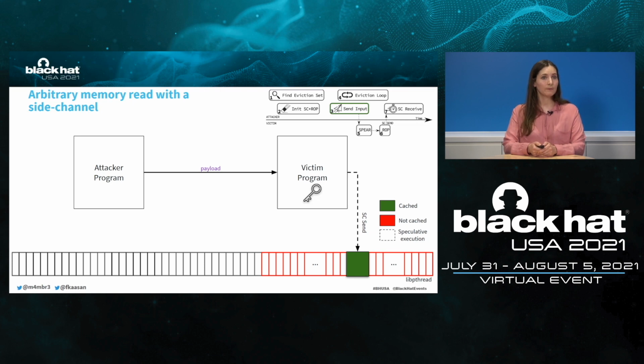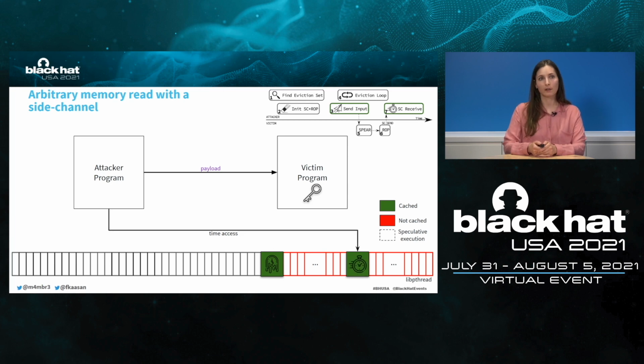In step 7, the attacker will probe the array to read the side channel signal sent by the speculative ROP. In the absence of noise, the probing will result in one single side channel array element cached.